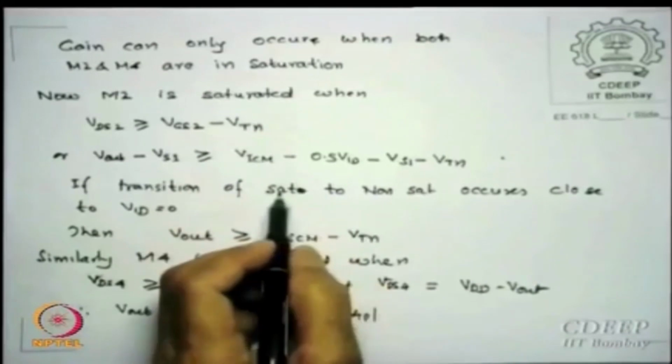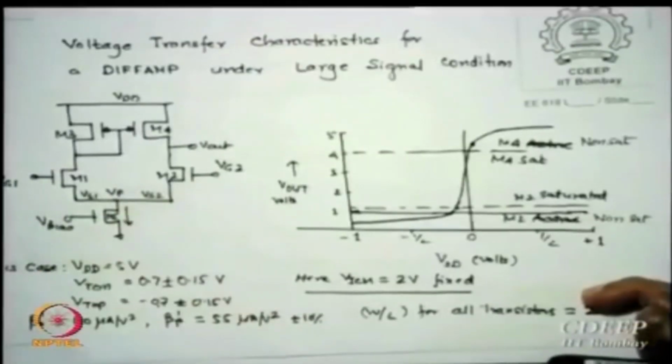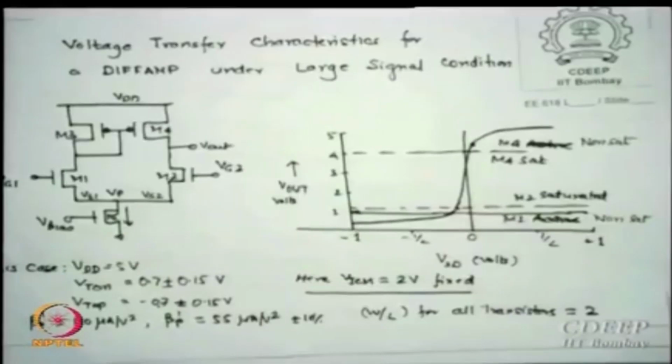which should be greater than, now this is very interesting, this VG2 part is essentially the maximum input available, and from where saturation is guaranteed is VID by 2. So that is the swing available for you, VICM is the end of that, and VID by 2 you are going to put.